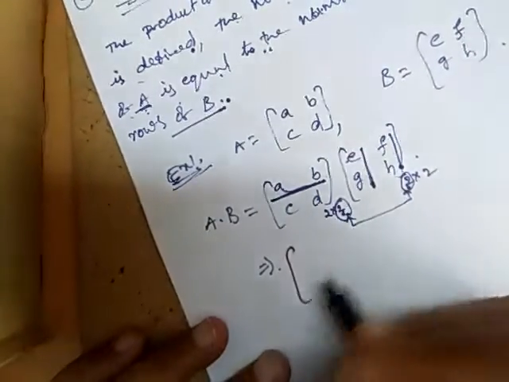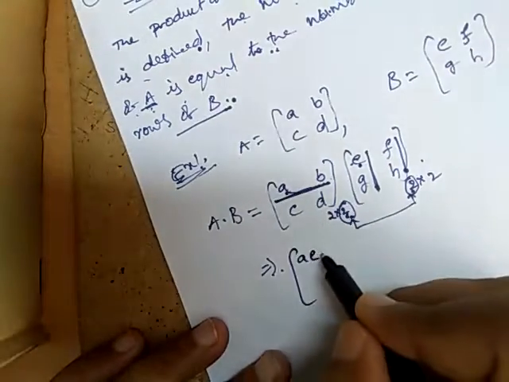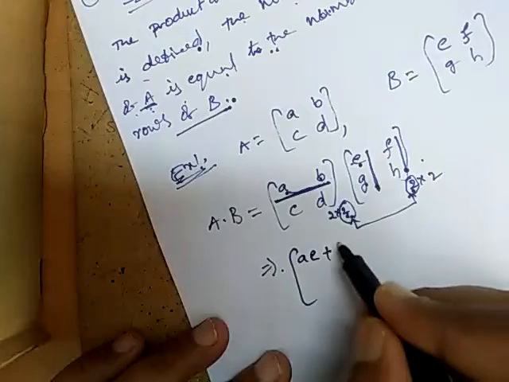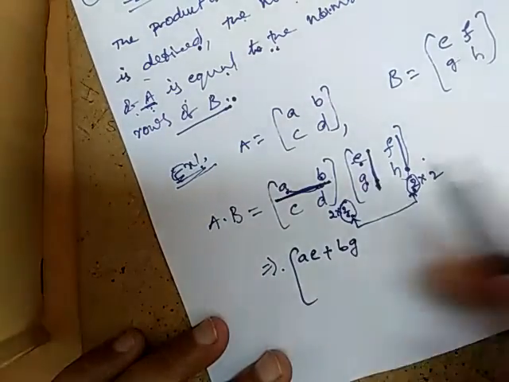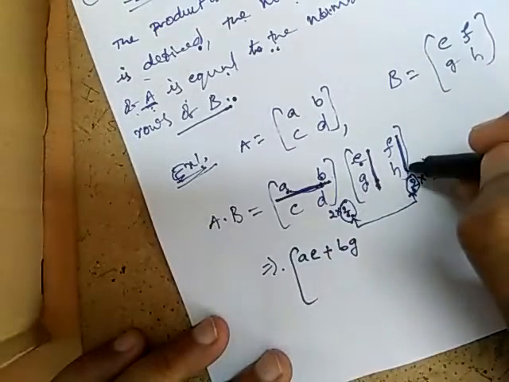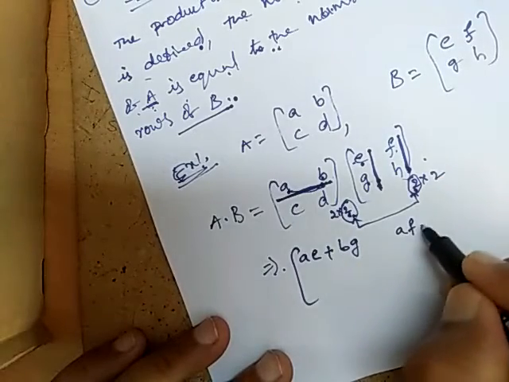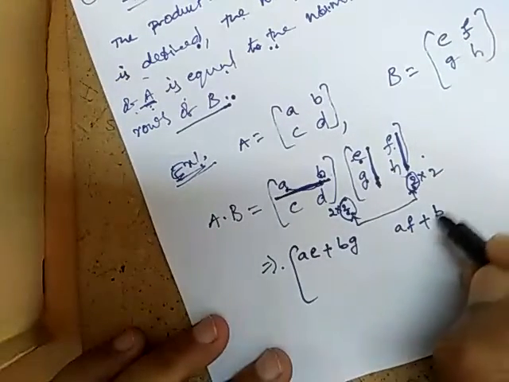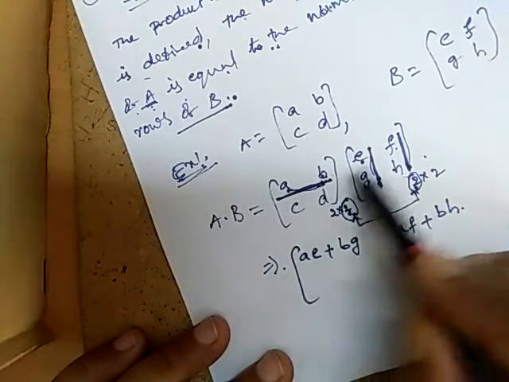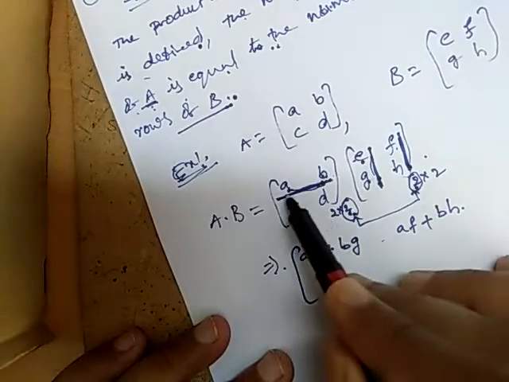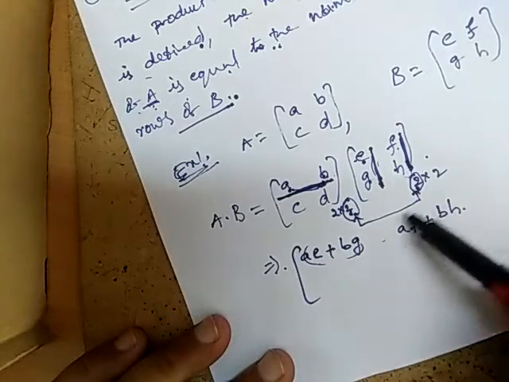Now I am going to multiply. A into E plus B into G. First row, first column is over. Next, first row, second column gives the second element: A into F plus B into H. First row with first column gives the first element, and first row with second column gives the second element.